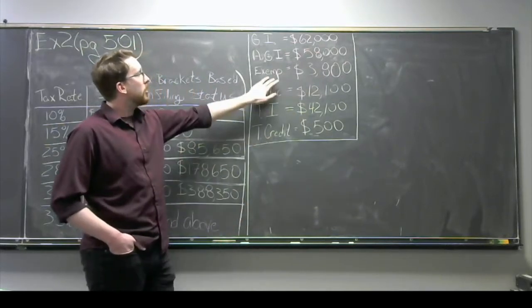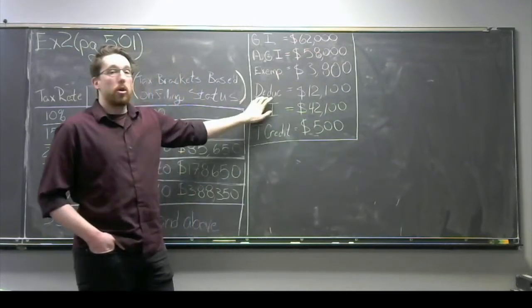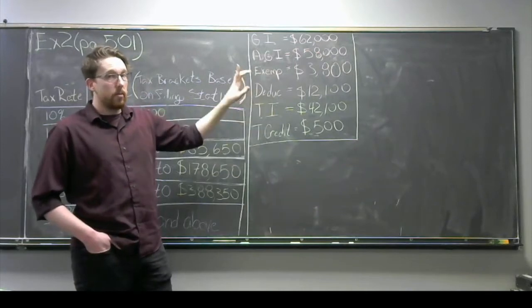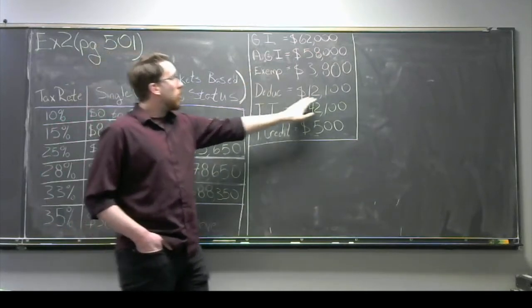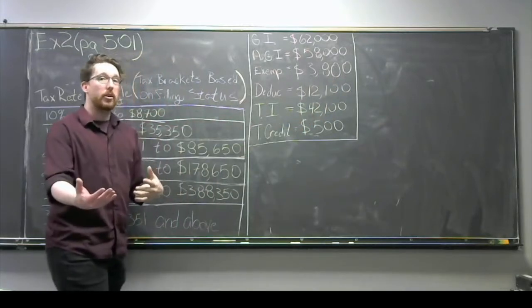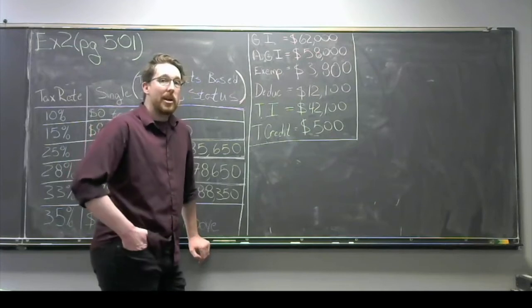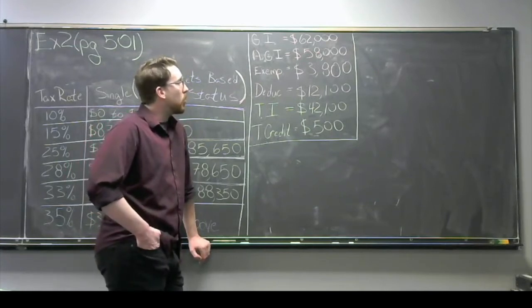For exemptions, she had $3,800. She used an itemized deduction, remember, that was $12,100, so she chose the itemized deduction instead of the standard deduction. And we used that to calculate that her taxable income was $42,100.